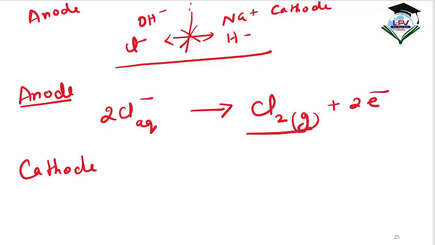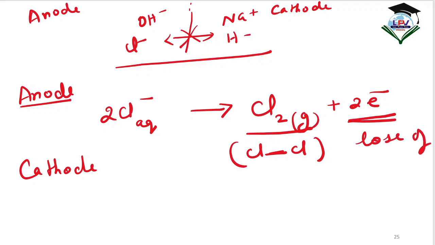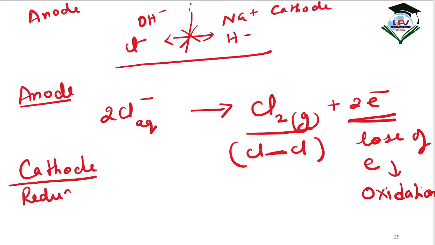Now this chlorine is covalently bonded, by sharing. Because it gives away 2 electrons, the loss of 2 electrons makes the process oxidation. And at cathode, you can see reduction. Here at anode, it is oxidation.